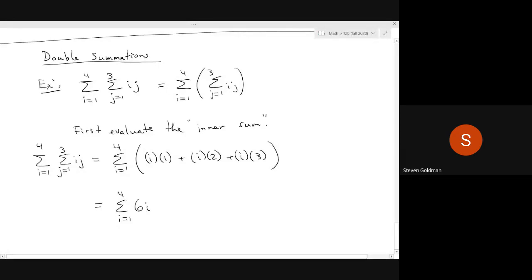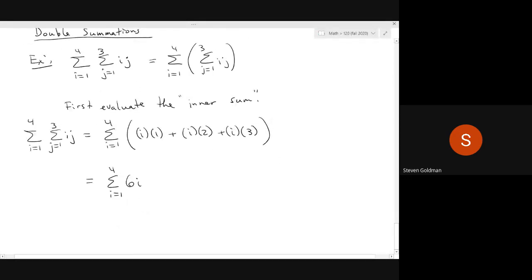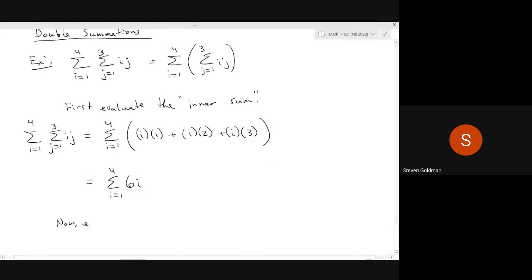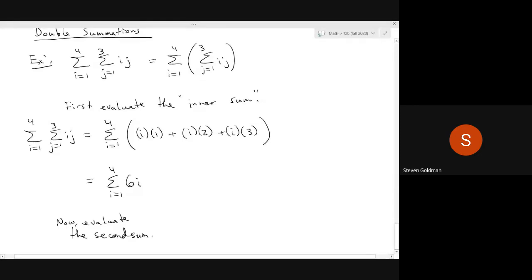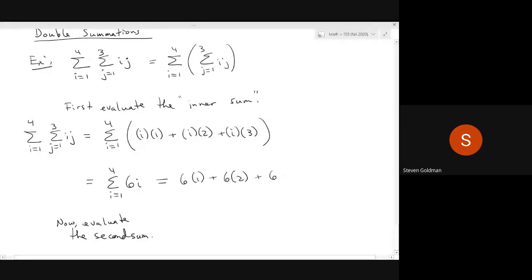Once the first sum is done, evaluate the second sum. Okay. So now the second sum is going to be, I plug in the numbers for i. So this is going to be 6 times 1 plus 6 times 2 plus 6 times 3 plus 6 times 4.